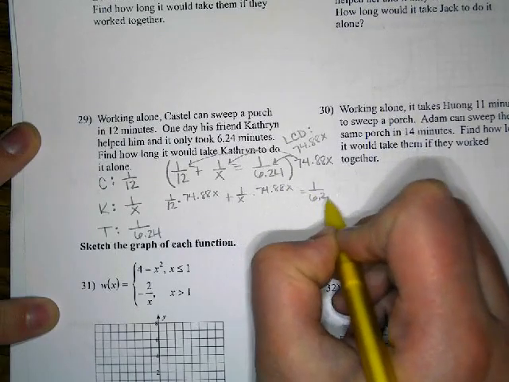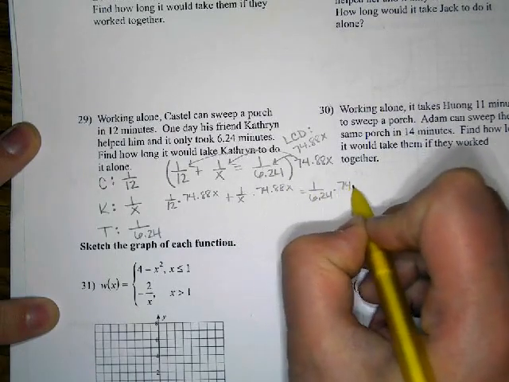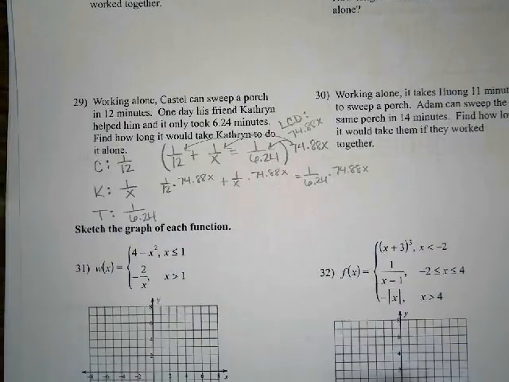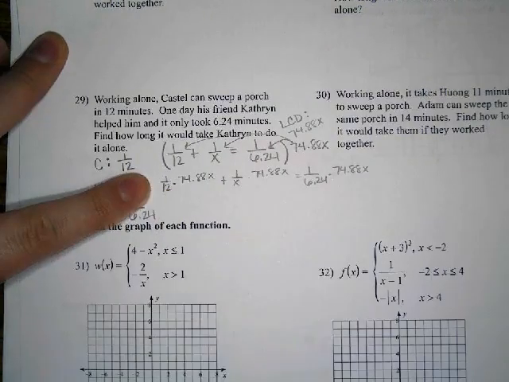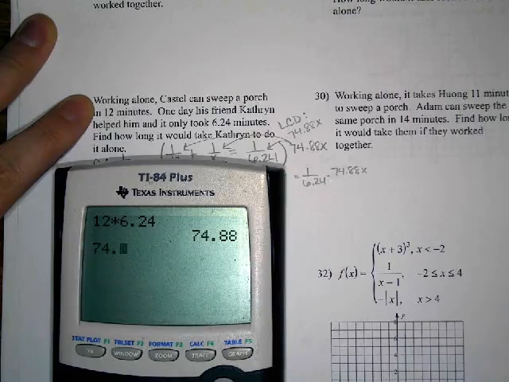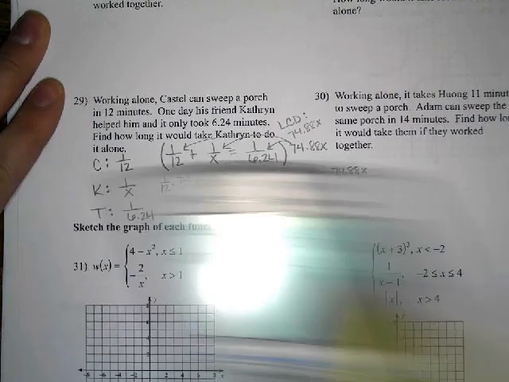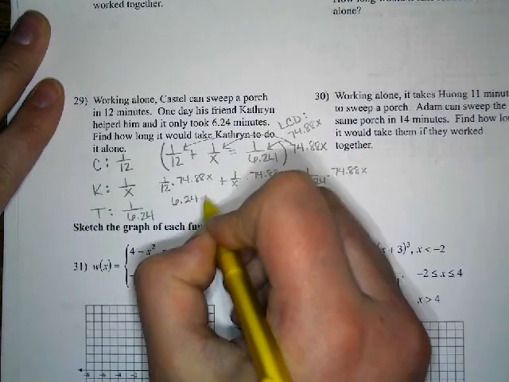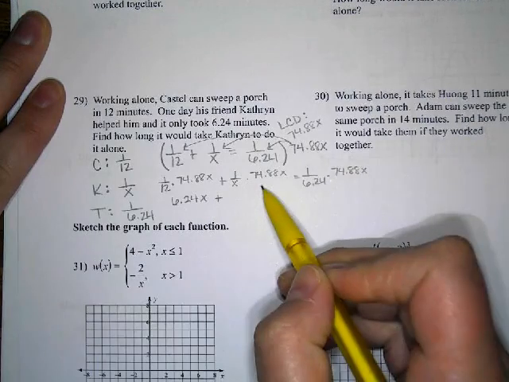If we do 1/12 times 74.88x, we get 74.88 divided by 12, which is 6.24x, so that makes sense. 6.24x plus. If we do 1/x multiplied by 74.88x, the x's end up canceling.